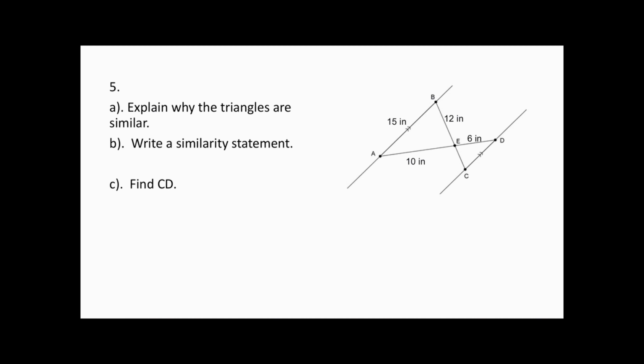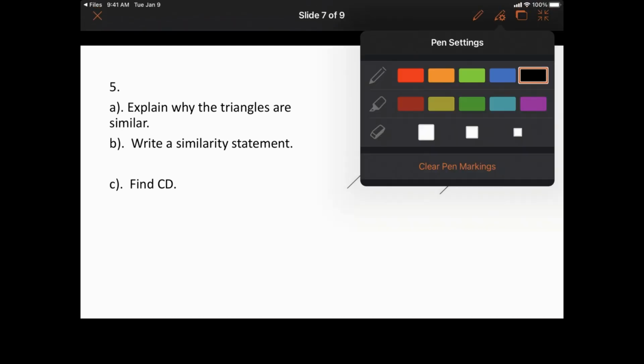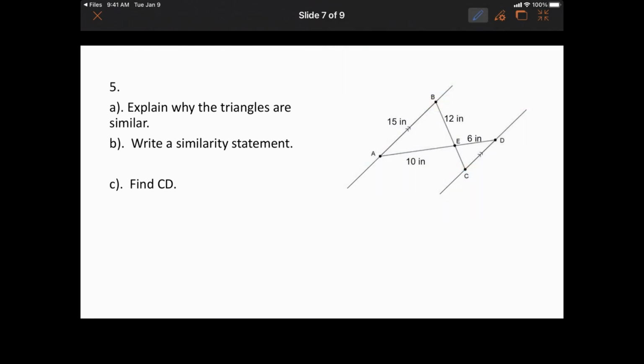Okay, explain why the triangles are similar. Are they similar? Let's look. Write a similarity statement and then find CD. Well, what do you see? I see some numbers. I see parallel lines. So parallel lines make congruent angles. So this angle is going to be congruent to this alternate interior angle.